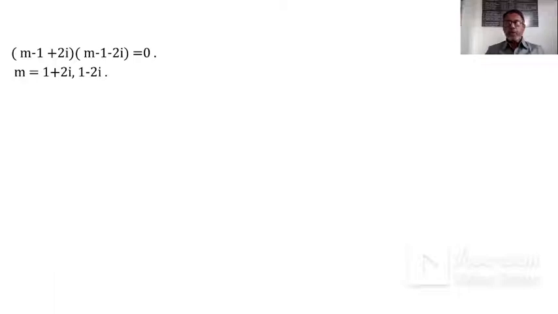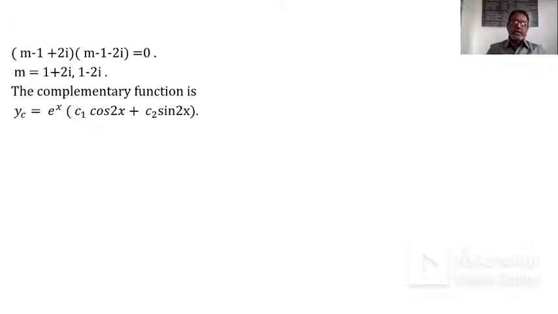Here, the roots are complex conjugates of each other and non-repeated. Therefore, the complementary function is yc equals e to the power 1 into x, that is e to the power x, into the bracket c1 cos 2x plus c2 sin 2x. This is our complementary function.